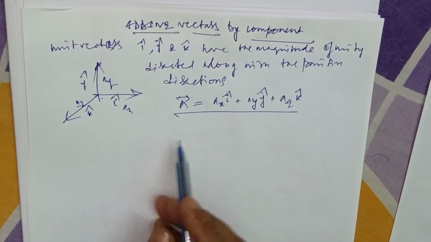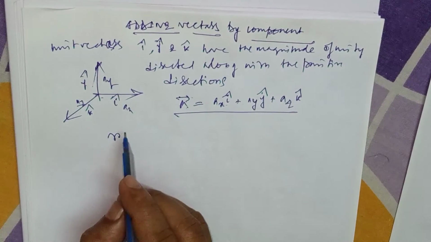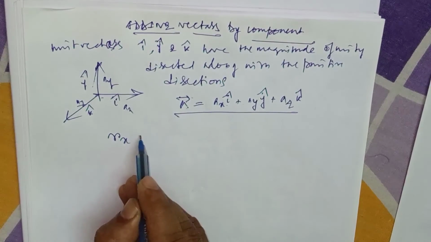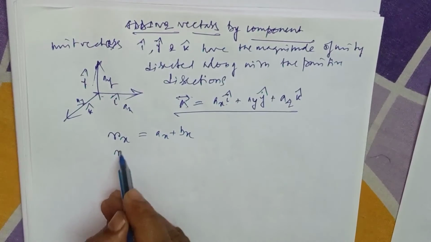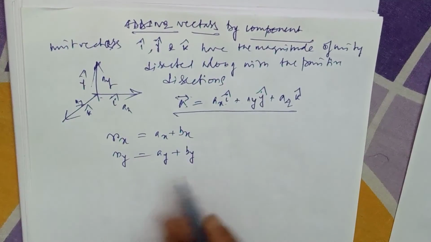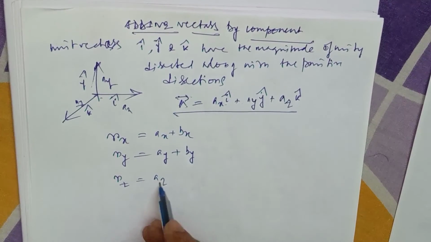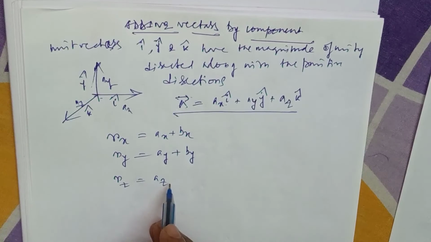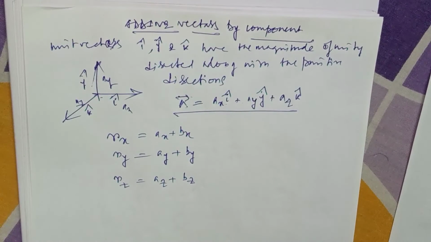If we signify it, rx is equal to ax plus bx, ry is ay plus by, and rz will be az plus bz. So by adding vectors we get this.